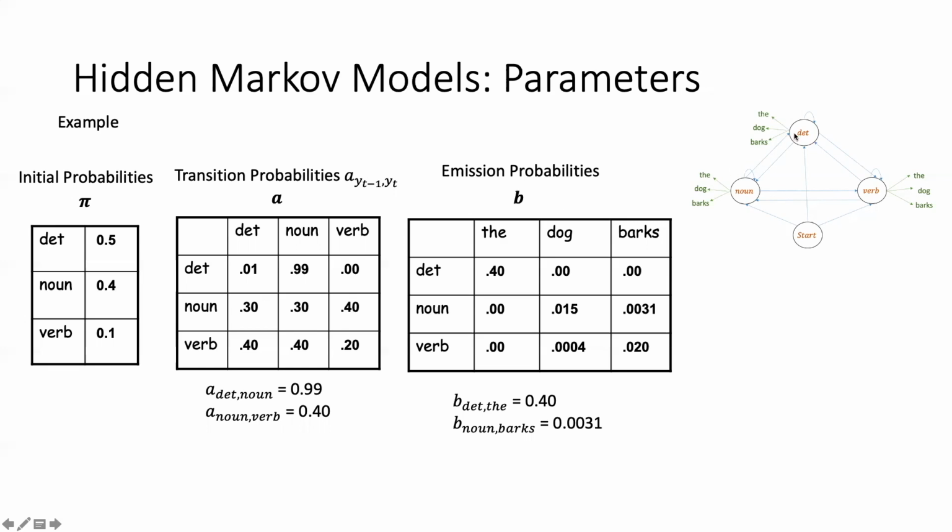And after reaching a state, HMM emits an observation word out of the vocabulary which we consider. In this particular case, the vocabulary is the dog barks. So the probability of emitting the word the in the determiner state is given by 0.04, which is indicated here, and the probability of emitting the word barks from the noun state is 0.031, which is indicated here. So these are the parameters involved in HMM. Let's define them more formally.